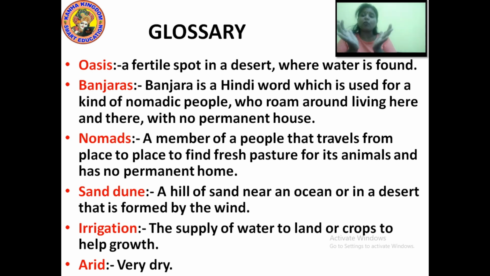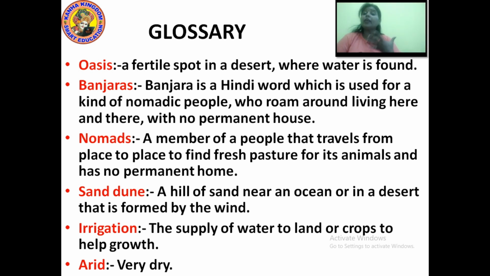A fertile spot, a small piece of land where the water is found in the desert region, is called oasis. Banchara. Now banchara is a Hindi word which is used for the kind of nomadic people who roam around living here and there, and they don't have any permanent house.